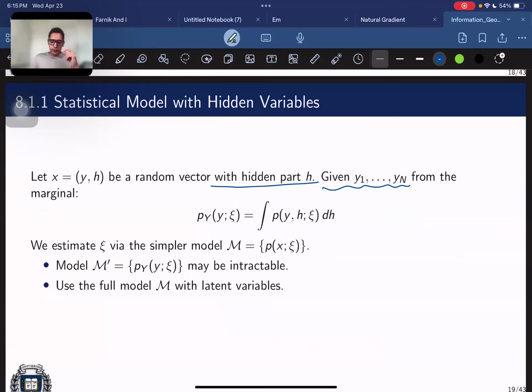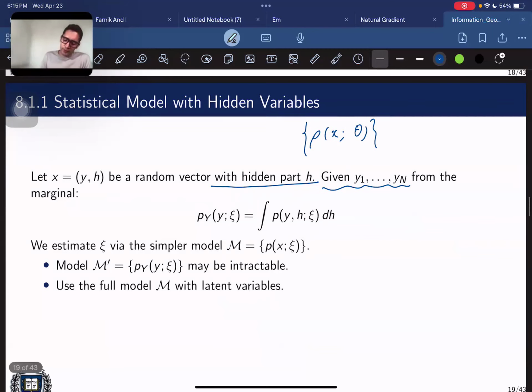We want to find the best parameterization of the space x. So we want to find this theta over the space of all distributions over x that makes us very close to the true, empirical distribution.